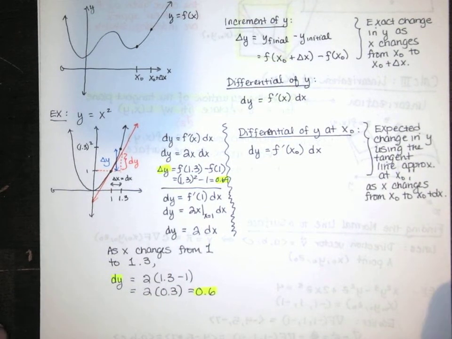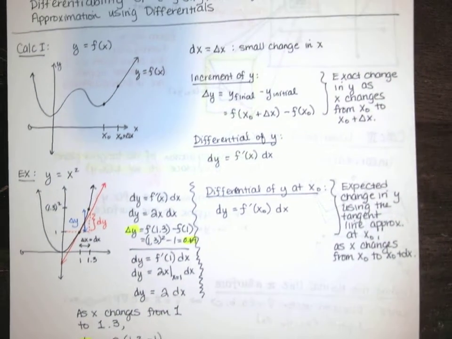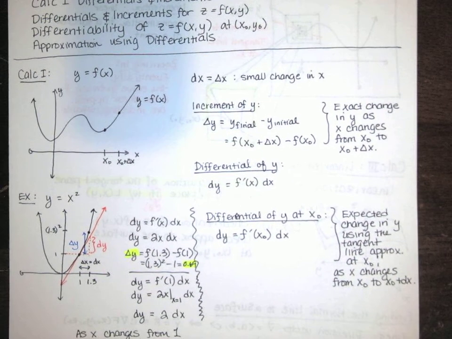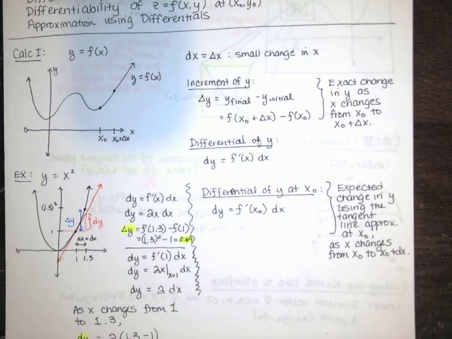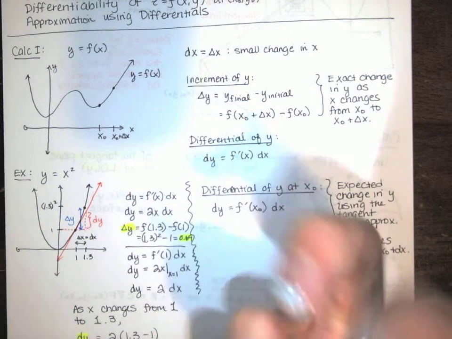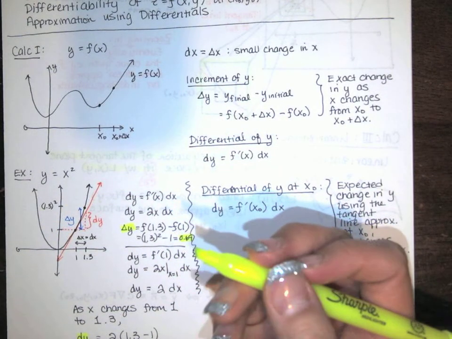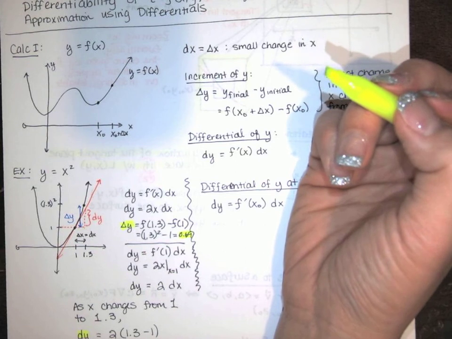So let's go through those definitions again, and then we'll talk about how this generalizes to functions of 2 variables. So when we're discussing increments and differentials in Calculus 1, the differential of x and the increment of x are the same thing. We're thinking of them as representing the same value.